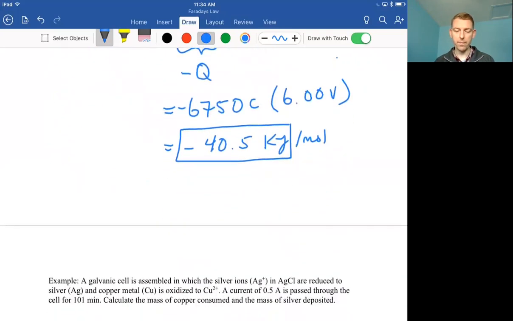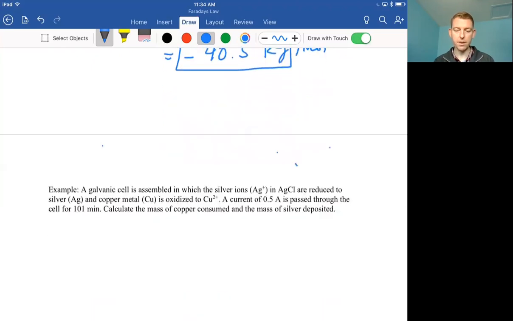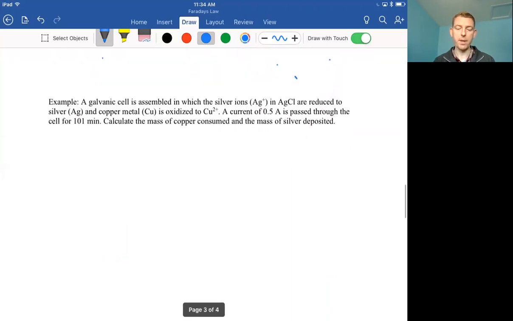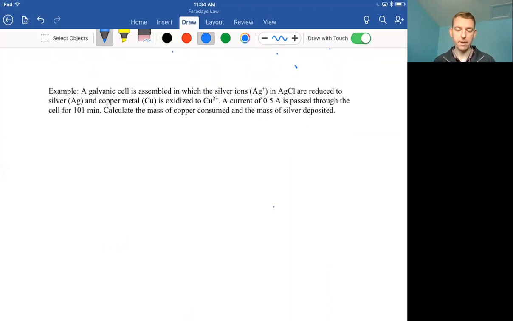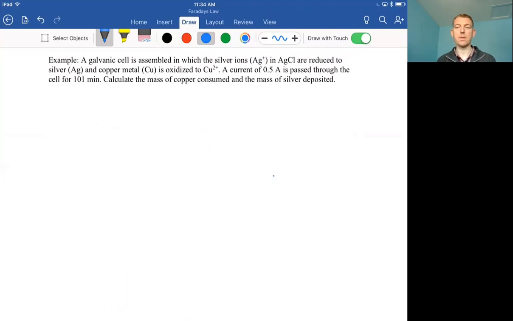Okay, so what are we going to do with that work? Various things. We can talk about plating silver, which is, I think, where this first question is going to take us. If I'm able to scroll down the page to it. Here we go. Okay. A galvanic cell. So this, again, galvanic cell tells us right away that it's going to be spontaneous and that delta G is going to be negative, and it means that we can access work from it.